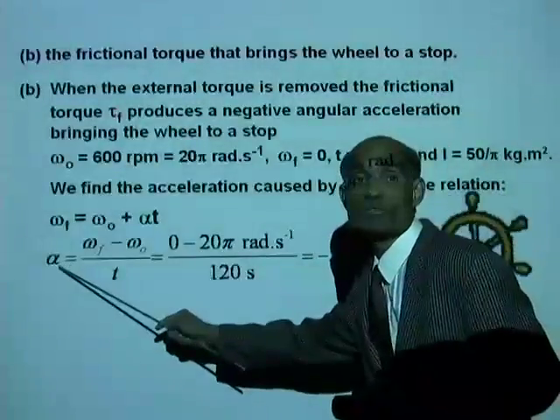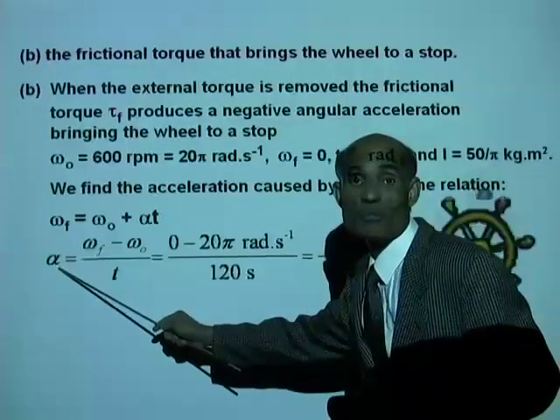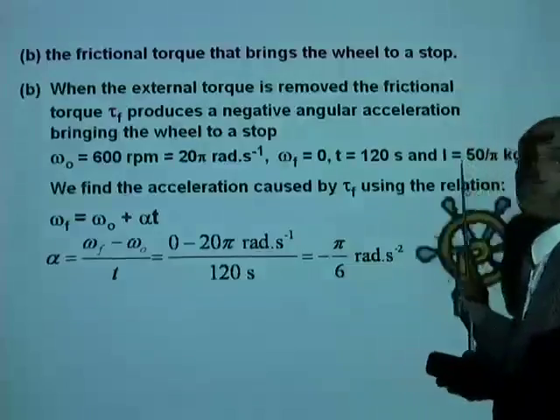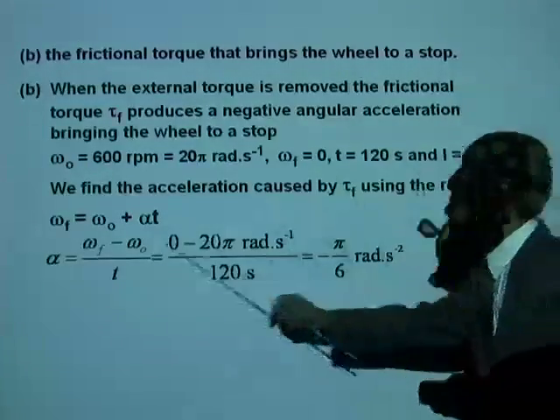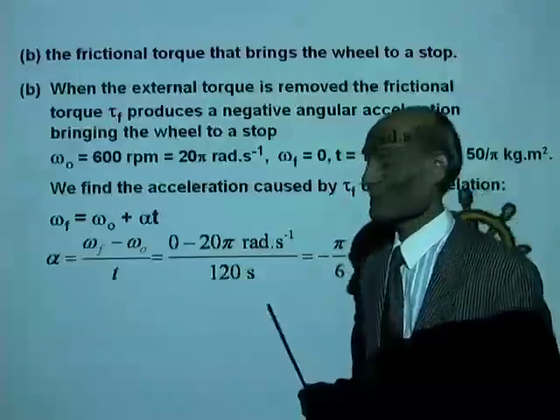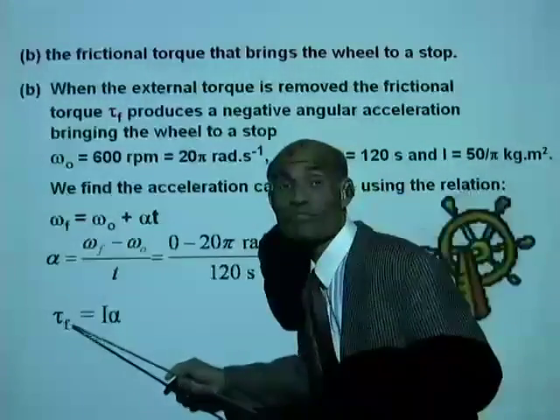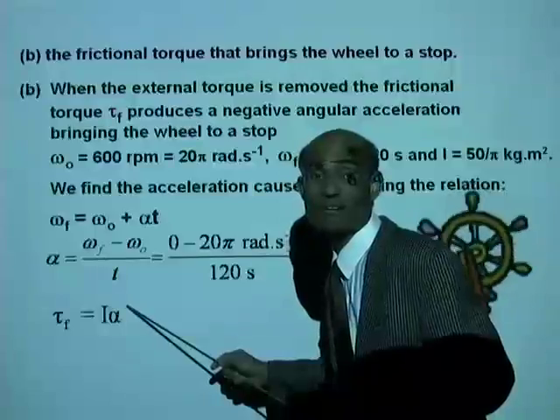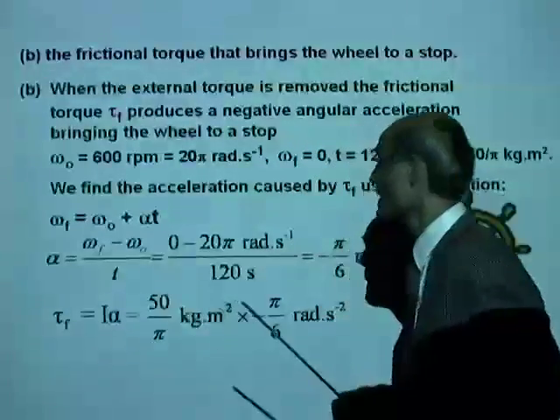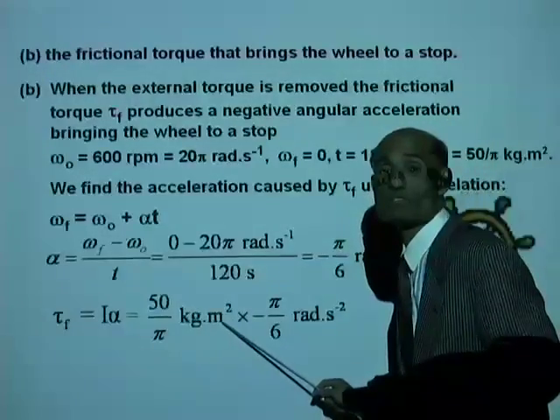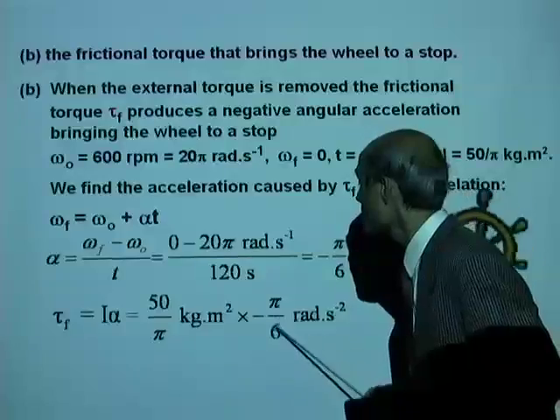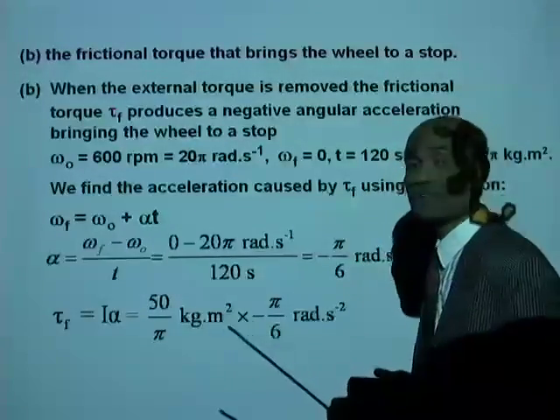Well, we know the acceleration caused by the frictional torque. We know the moment of inertia of the wheel. Can you use these two quantities to figure out the frictional torque? Tau F equal to I alpha. I is 50 divided by pi kilogram meter squared times alpha, which is negative pi over 6 radian per second squared.